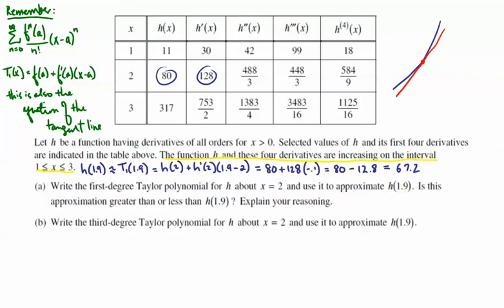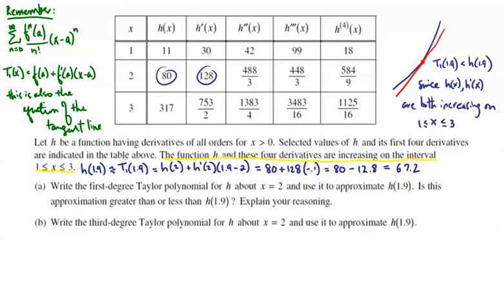So we can state it this way: T sub 1 of 1.9 is less than h of 1.9 since h of x and h prime of x are both increasing on x greater than or equal to 1, less than or equal to 3.